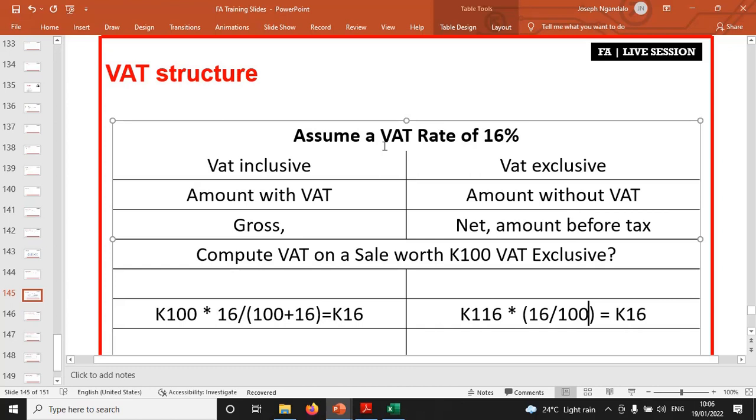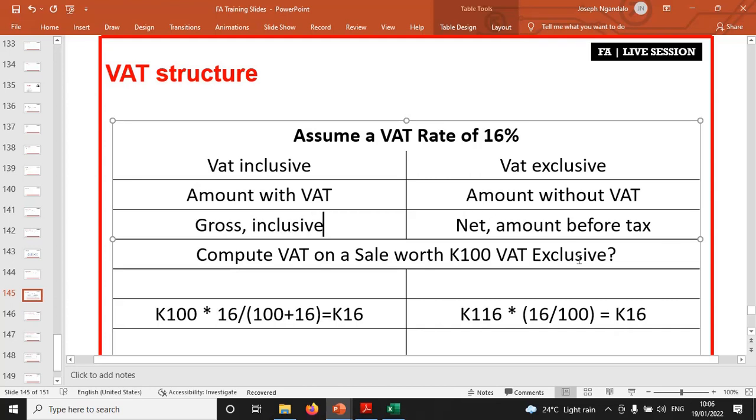Now listen to this. In the exams, they will give you certain words so that you can know what you're dealing with. They will mention that the amount is inclusive, or they will simply say gross. Do you understand? Let me just include that word inclusive, because if I don't include it, somebody will say that the sir didn't tell us.